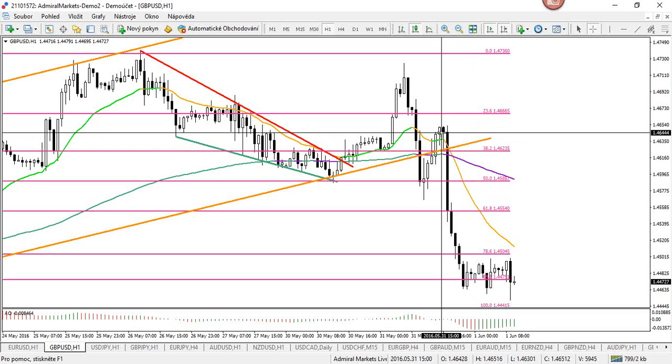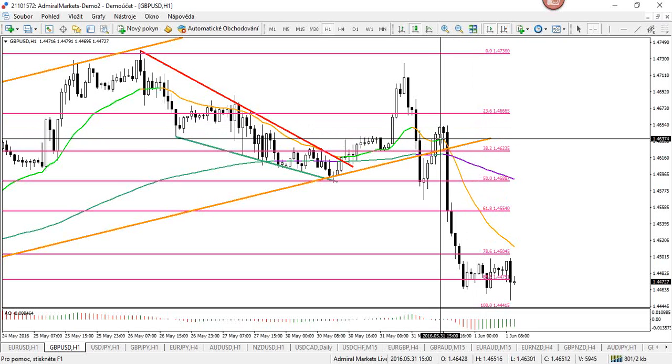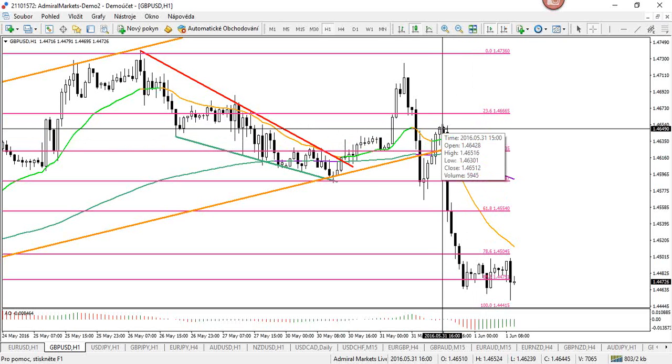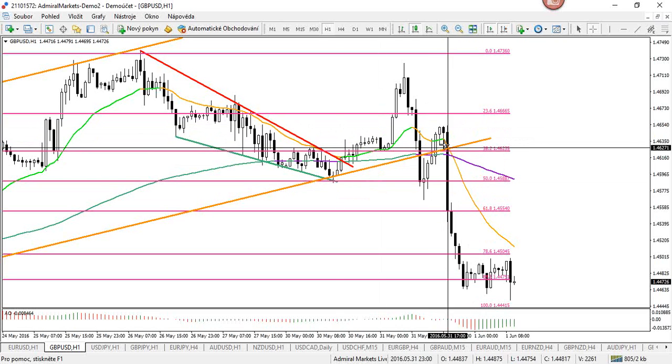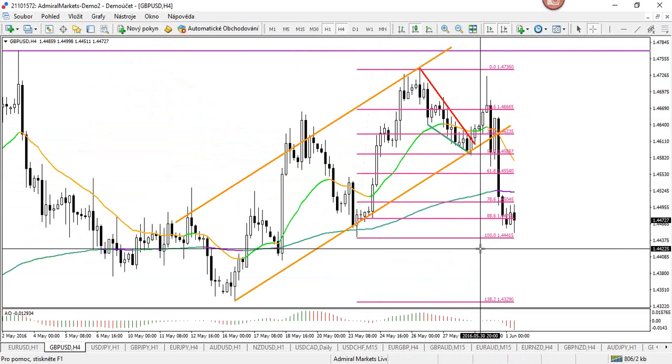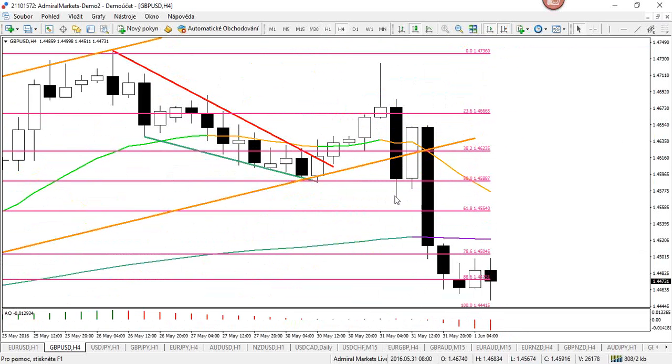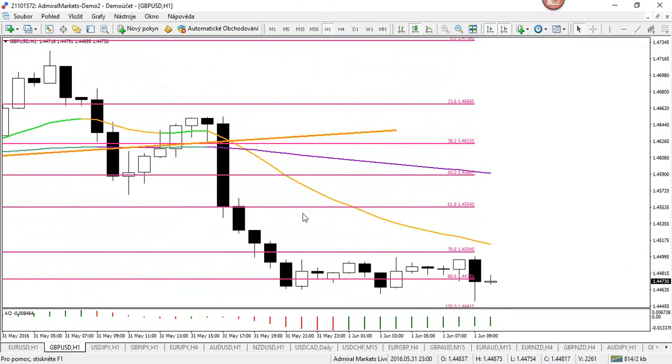And I thought the pound AUD was a better setup than the pound USD. But the pound USD also nicely moved down. It did break this trend line. And if you look at it from this perspective, you don't see it too well here, but it had a good MACD. I don't have the MACD on, but it had a good MACD. And the hourly was retracing like this.